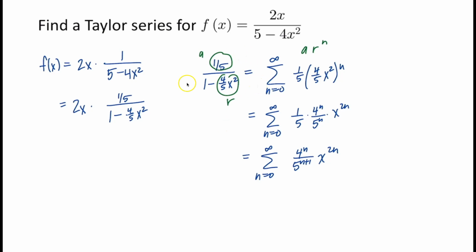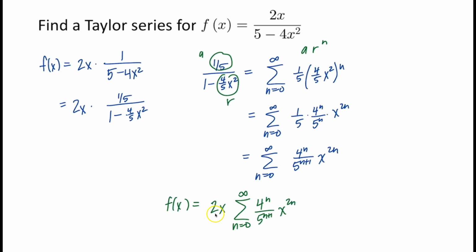All right, but that was just 1/5 over 1 minus 4/5 x squared. We still have this 2x to deal with. So our function f of x is going to be 2x times this geometric power series that we created, 4 to the n over 5 to the n plus 1, x to the 2n.